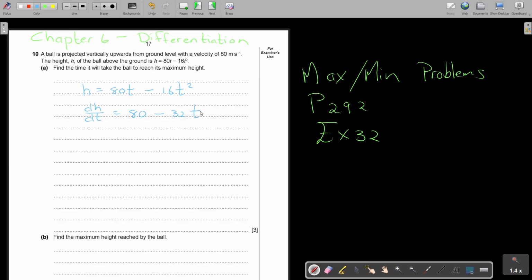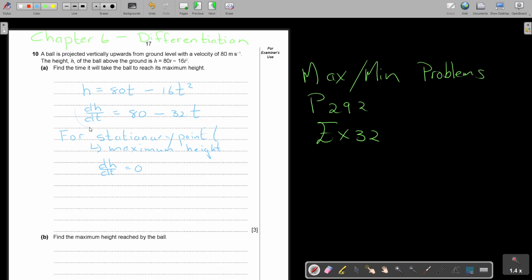Okay, so for a stationary point, that will be indicating the maximum height, and then dh over dt will be equal to 0.